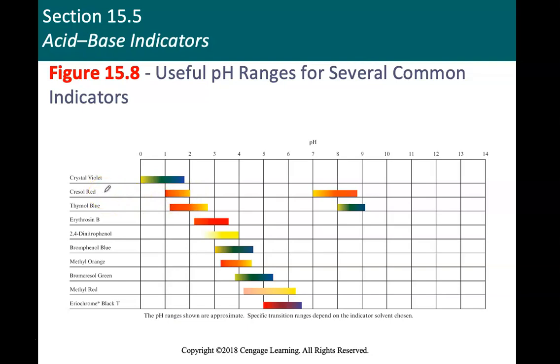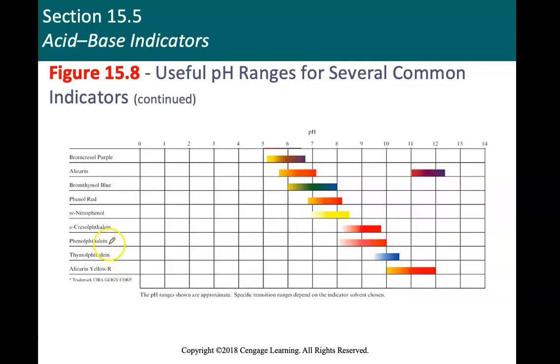Now let's look at an indicator that we are familiar with, and that is phenolphthalein. With phenolphthalein, you see that the pH change range is about 8 to 10. So the pH at the equivalence point that you want for this is ideally between 8 and 10.